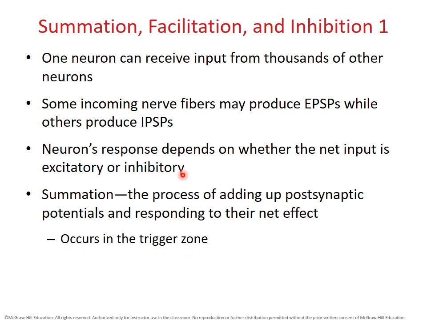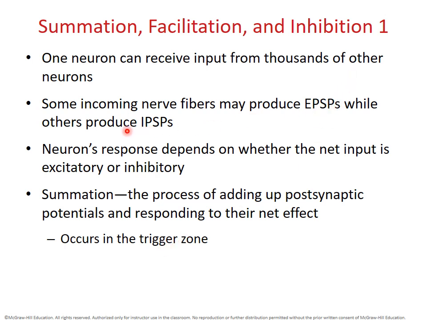All right, and so will a neuron fire if it receives a bunch of excitatory signals from neurotransmitter molecules, producing a lot of excitatory postsynaptic potentials? Maybe. It may be that those sum up enough to create a threshold depolarization at the trigger zone, or maybe not.